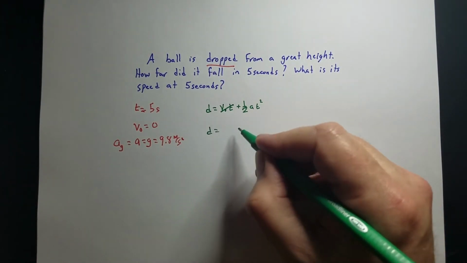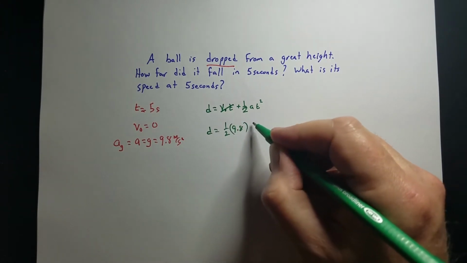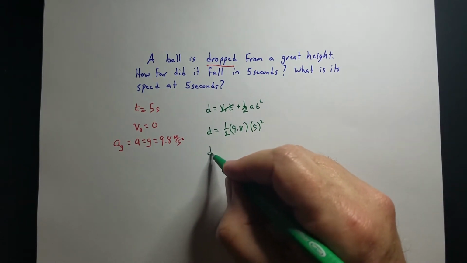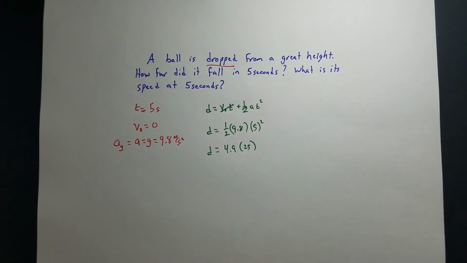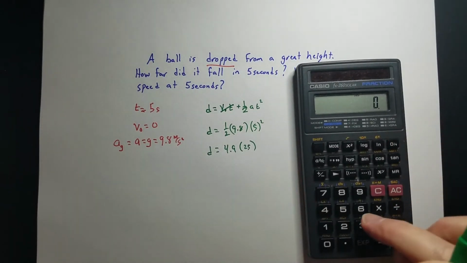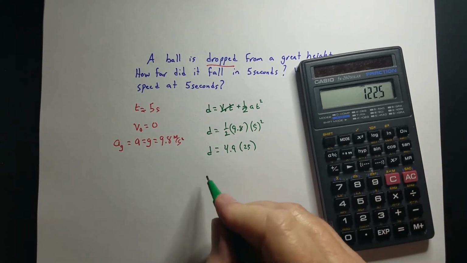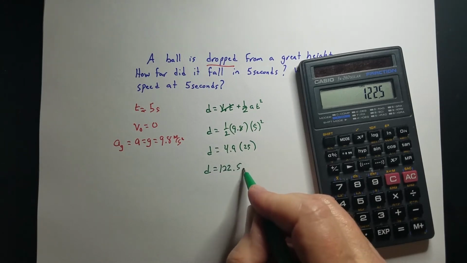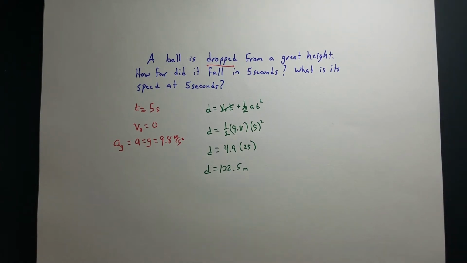We're just left with d equals 1/2 of 9.8 times 5 squared. And so if we start doing our calculations, we get 4.9 times 25, that it would have fallen a distance of 122.5 meters.